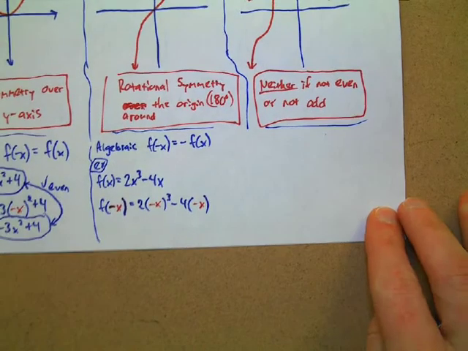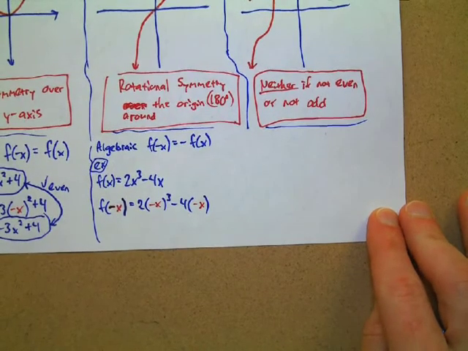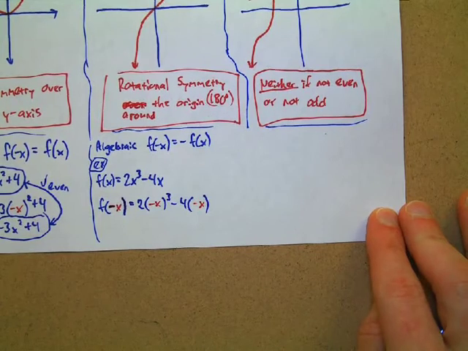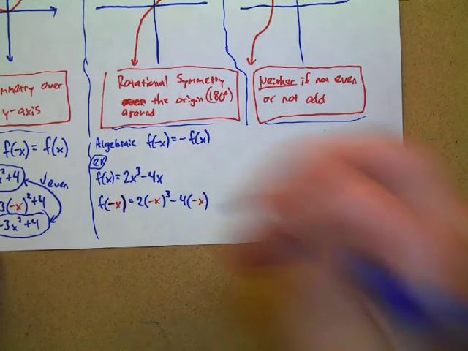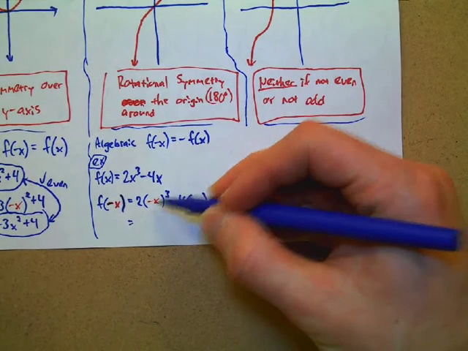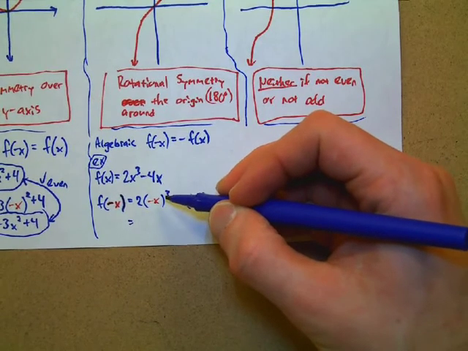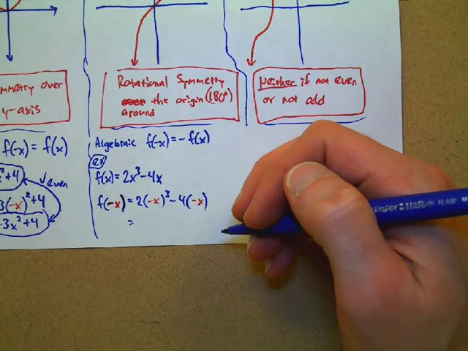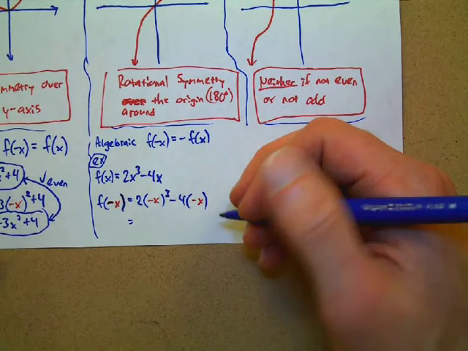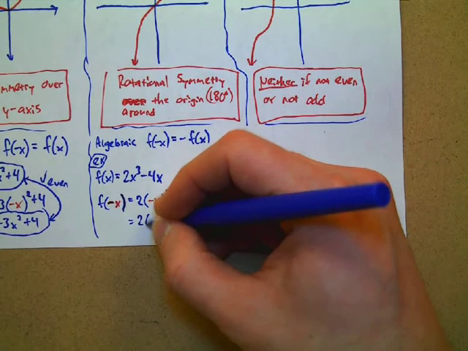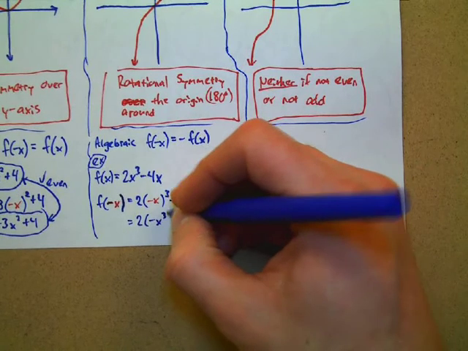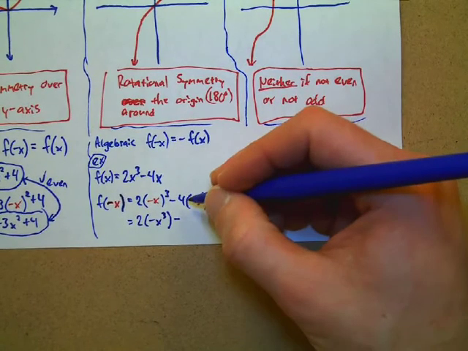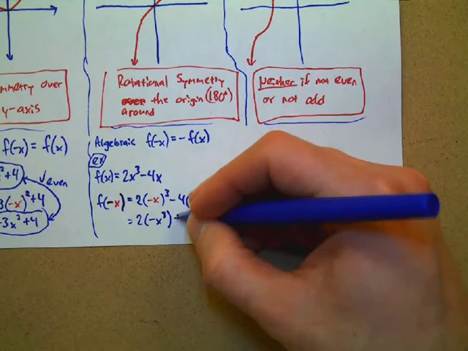Okay. So all the x's are replaced with a negative x. And now we'll see what that results in. When you cube a negative x, so negative x times negative x times negative x, what's that result in? Negative x cubed, right? So we're going to have 2 negative x to the third, minus, but it's negative x times negative 4, so that becomes a positive 4x right here.